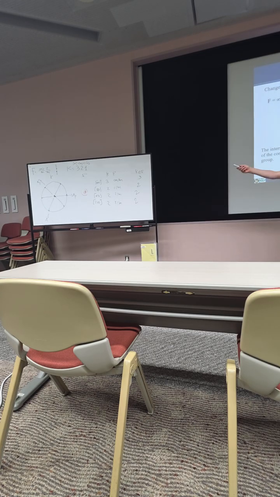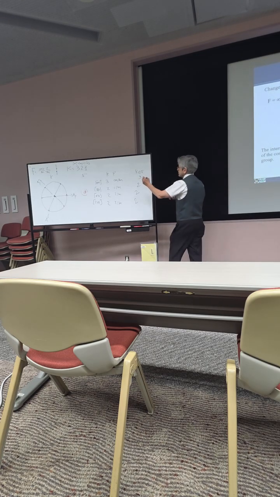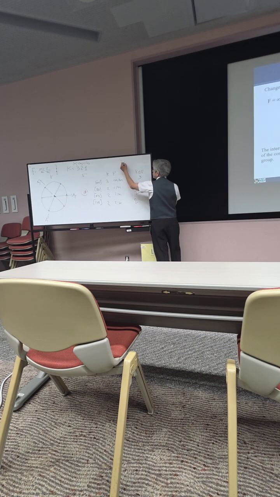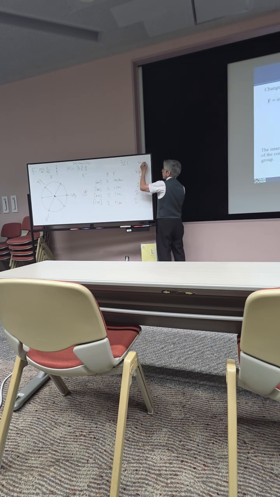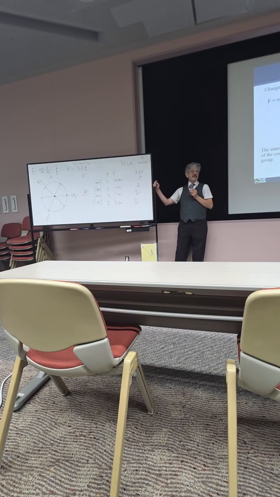But 3 2 1, sorry, is it a subgroup of infinite m? Infinite m is the electric field, okay? I want to observe an electric field. The symmetry of an electric field, which is a polar vector, is infinite m. Is 3 2 1 a subgroup of infinite m?